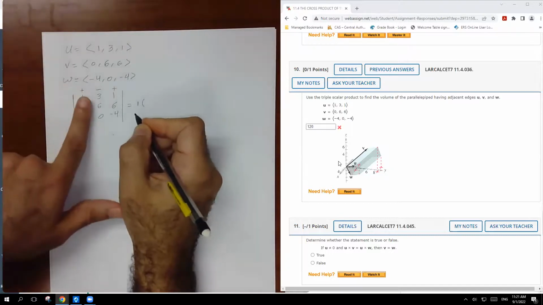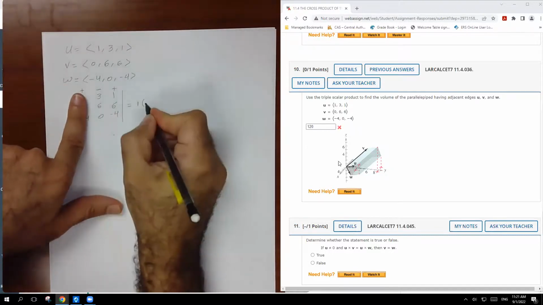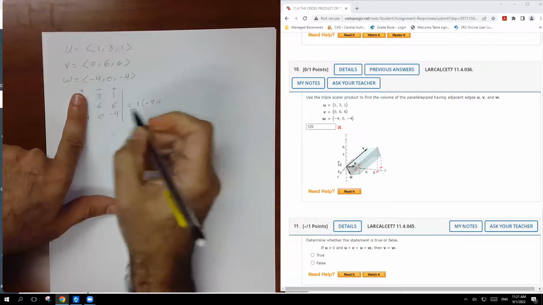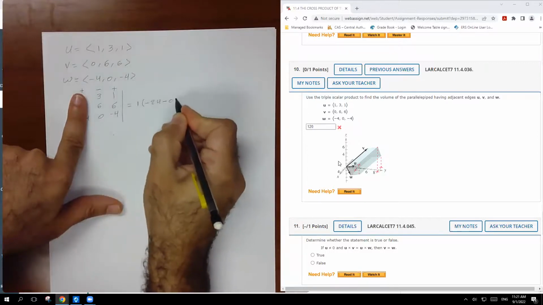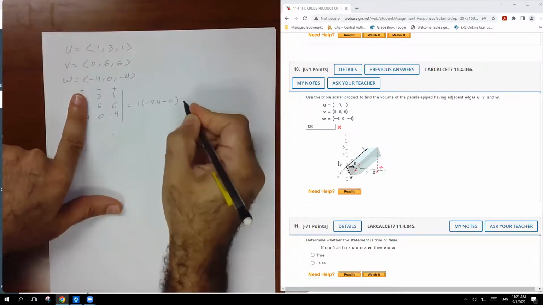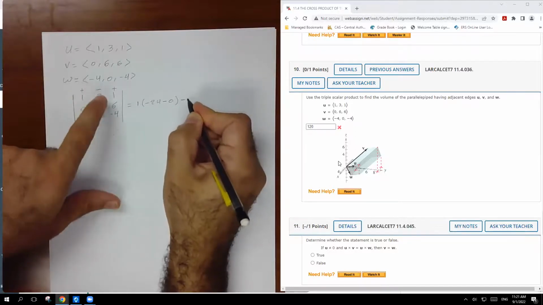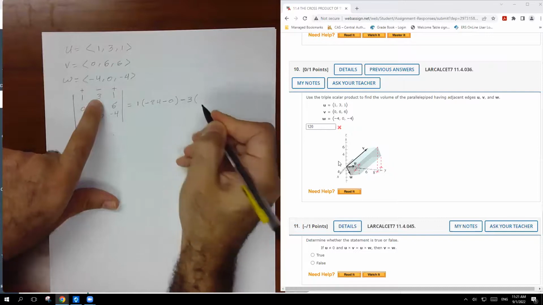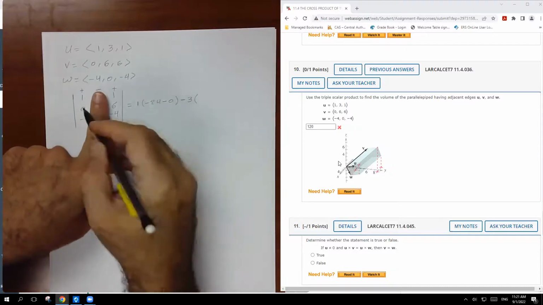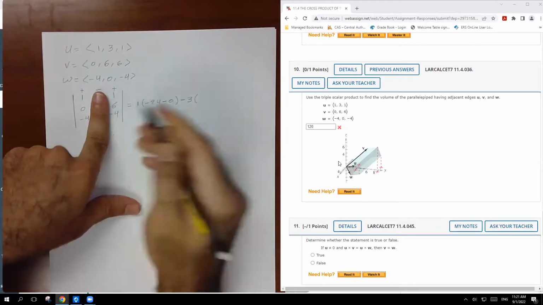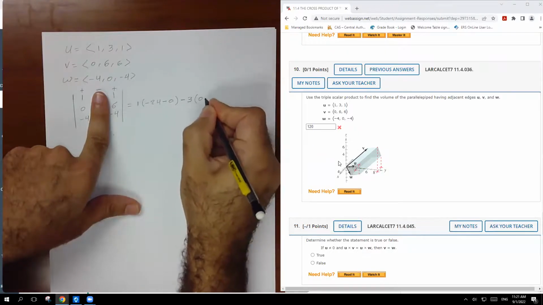Then I'm going to hide this line. It's going to be 24, negative 24 minus 0. I'm not going to put I. Minus. The second number is a 3. Hide this one. So it's going to be 0 minus 24. So 0 is going to be plus 24.